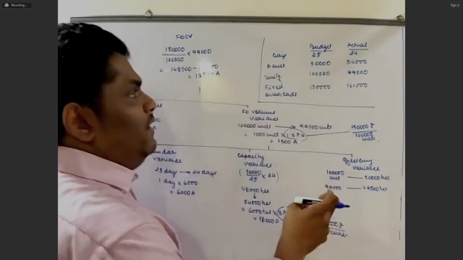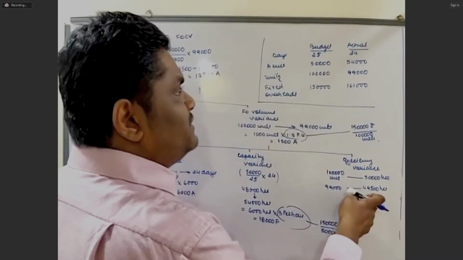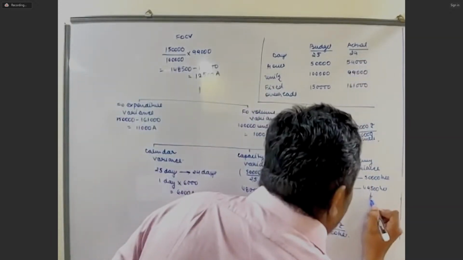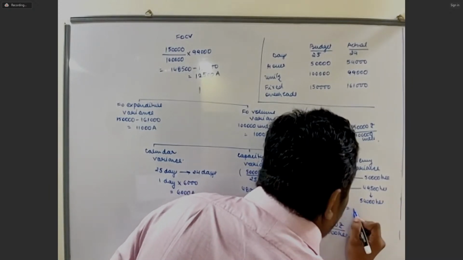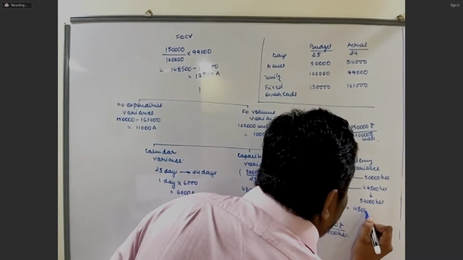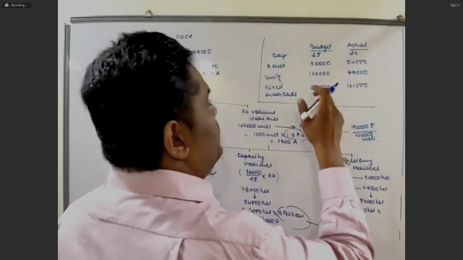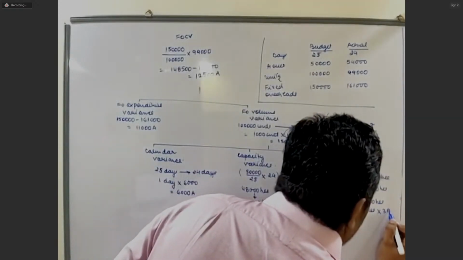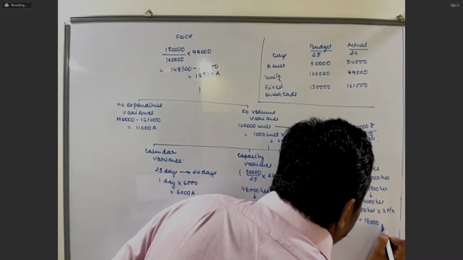It means the work was supposed to be completed in 49,500 hours only. But we actually took how many hours? 54,000 hours. That is 4,500 hours extra, into the rate per hour, that is 1,50,000 divided by 50,000, that is 3 per hour. So this will be 18,000 adverse.